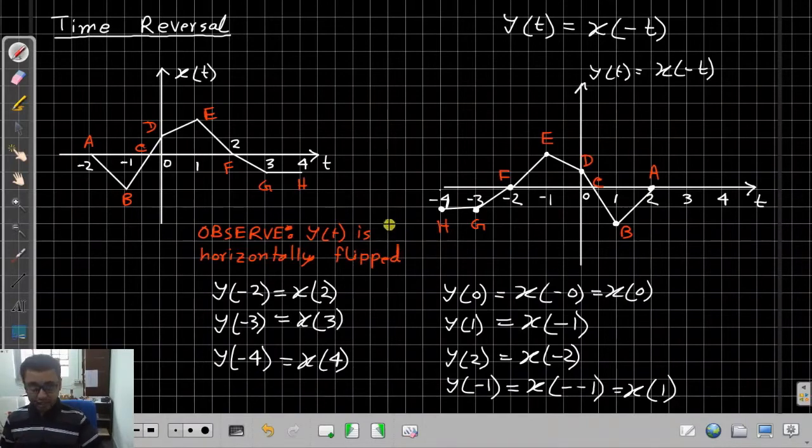Okay, and please note that the point which is on the vertical axis remains unchanged. That position does not change. This is called time reversal.